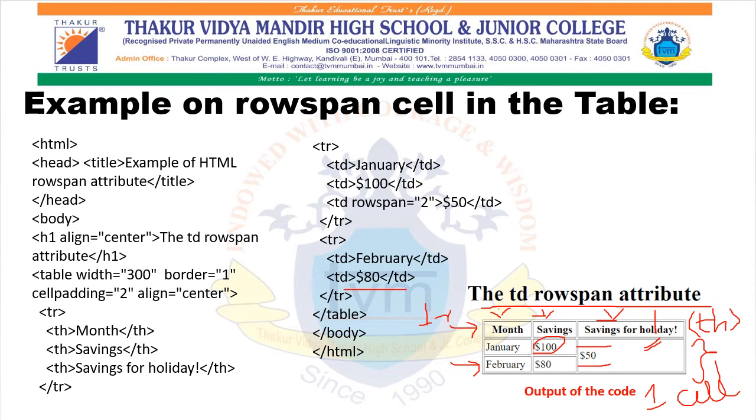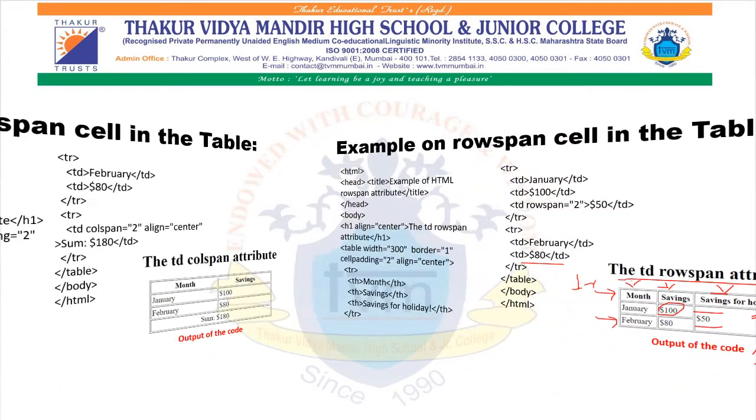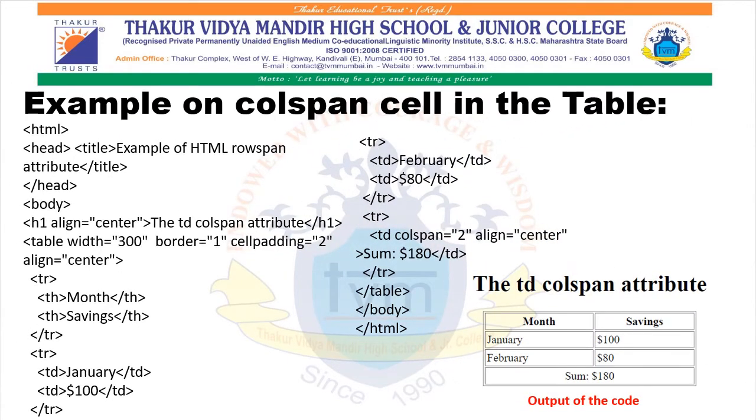In the same way we are going to write the colspan using the colspan attribute. We have defined the same thing here, just the difference is that now I am going to merge the cells in the column. So that means in one row, column number 2 and column number 3, or two consecutive column cells are combined.